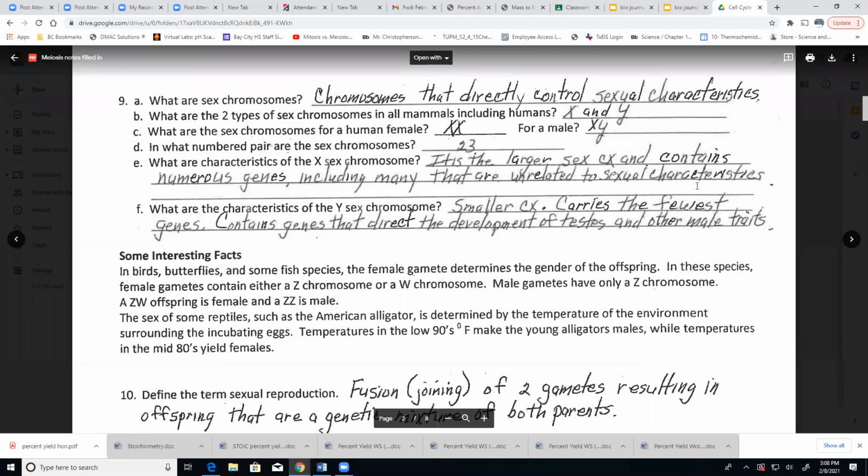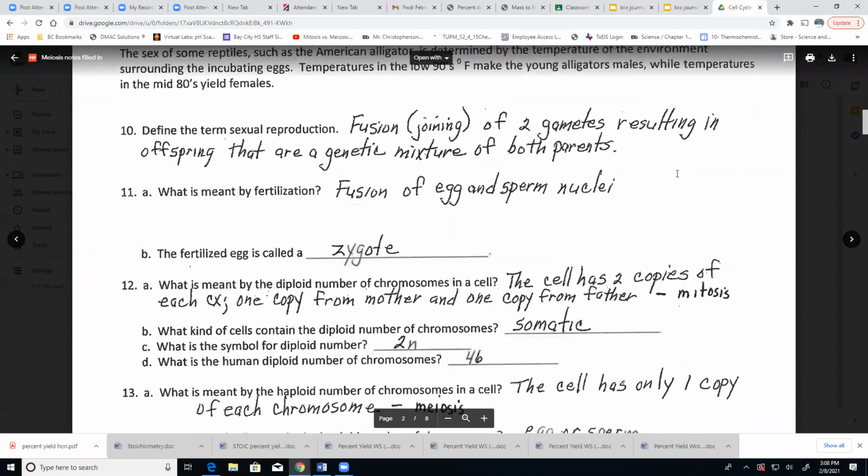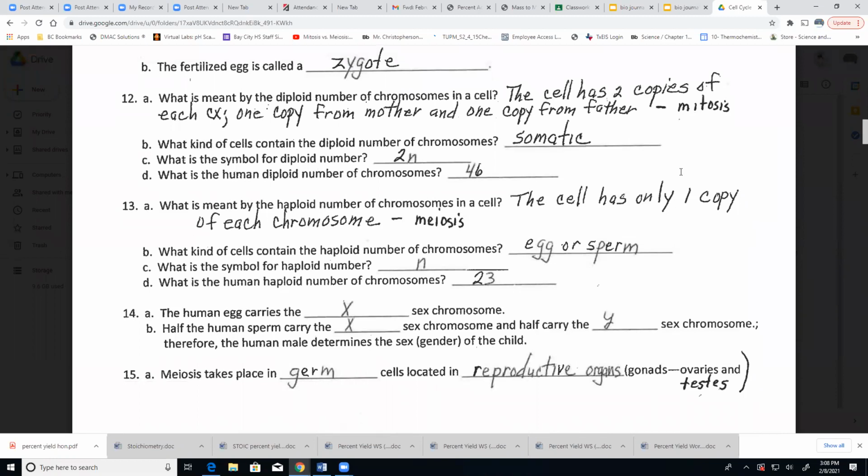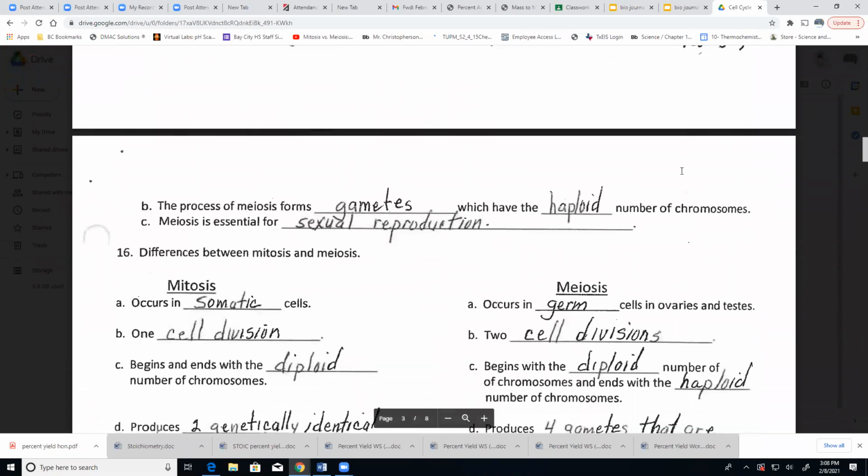You good, Andrew? Okay. Do you need some more down here? Or are you good? I just need 14. 14? Those are pretty sharp. Okay. You good? All righty.